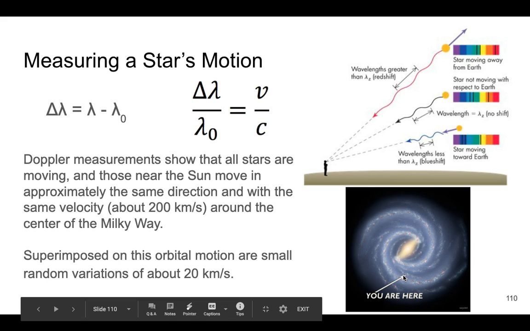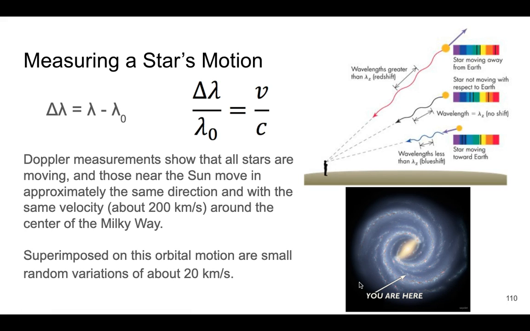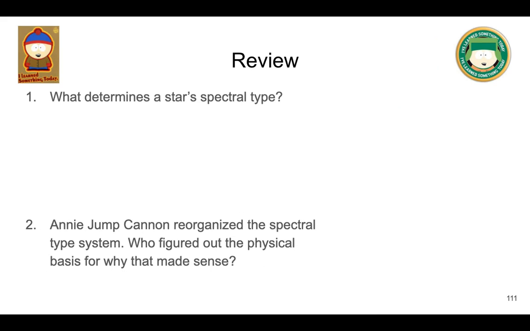If we're here, looking at a star that's right here, it's probably going at about the same 200 kilometers per second in about the same direction, but it might vary a little bit. That's what this 20 kilometers per second is. It might be going a little bit faster or slower, towards us or away from us. But most stars near us are doing about the same thing.